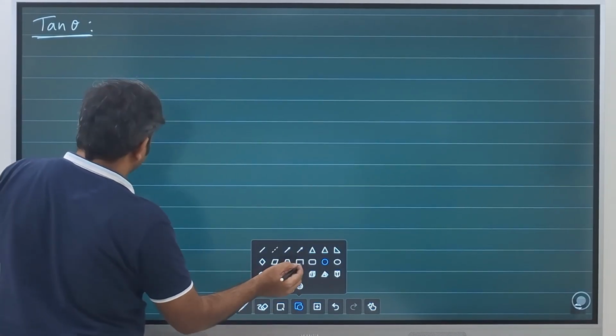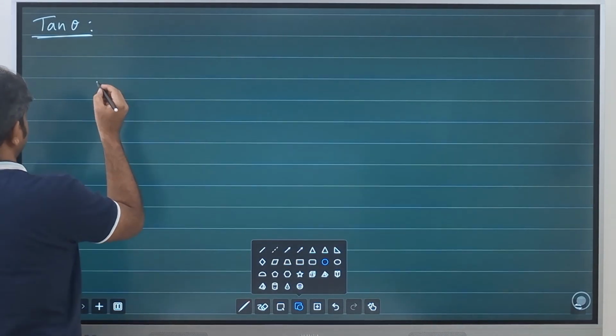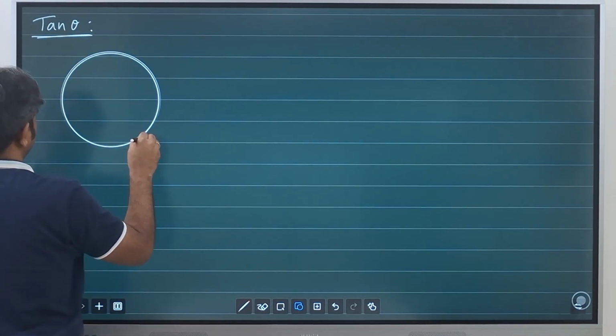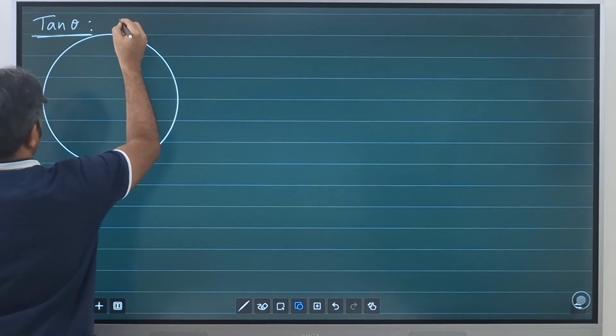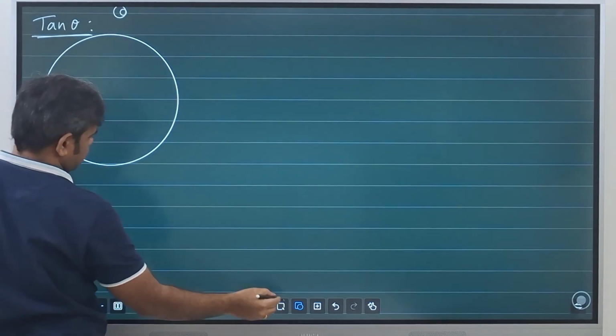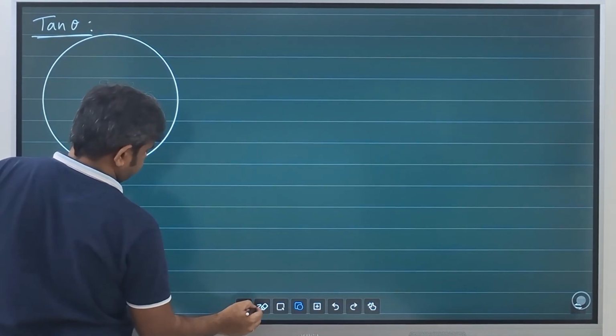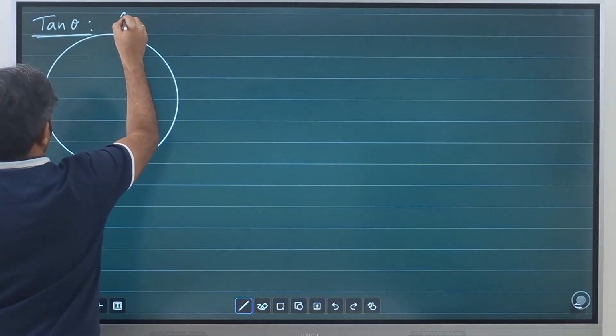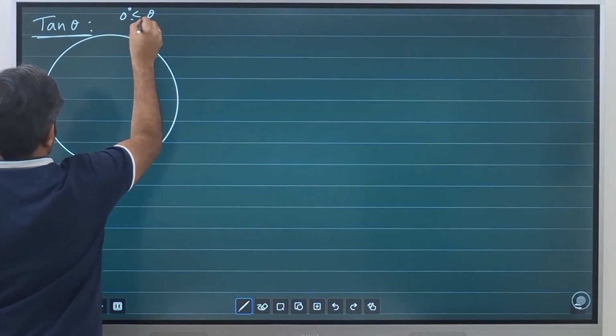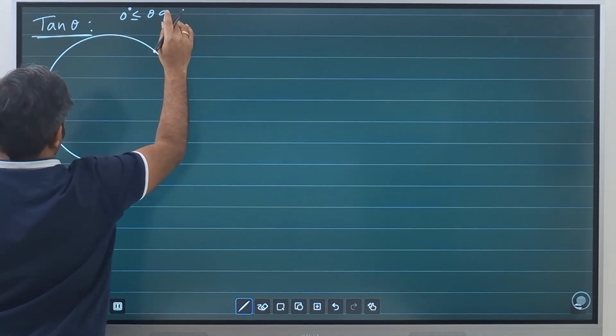Just like we do in every case, let's draw a unit circle. Now we are discussing between 0 degrees and 90 degrees.